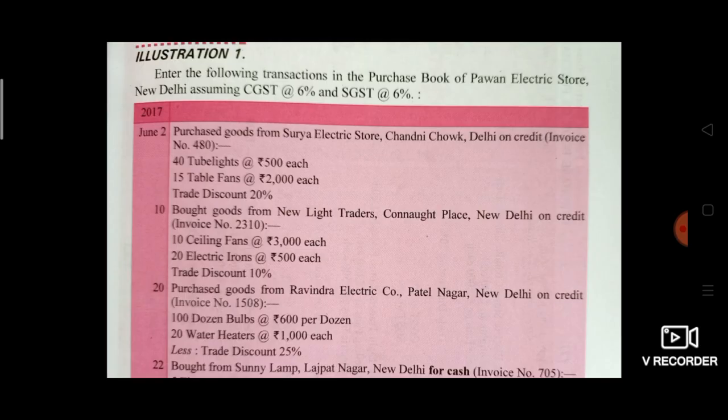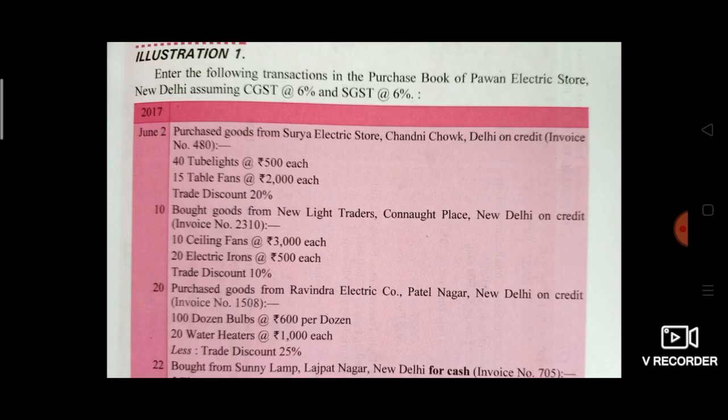Now next, bought from Fashion Furniture Company, Chitragupta Road, New Delhi, on credit. 12 chairs at rupees 1500 each and 2 tables at rupees 8000 each. Even though all details are given, we can enter only credit purchase of goods in this book and not assets.